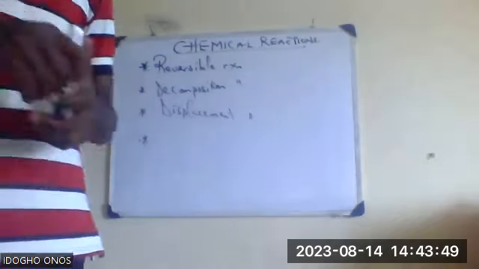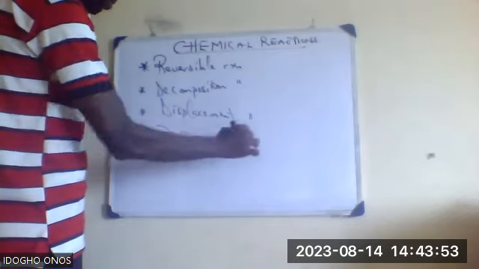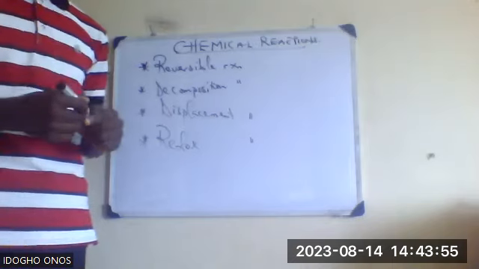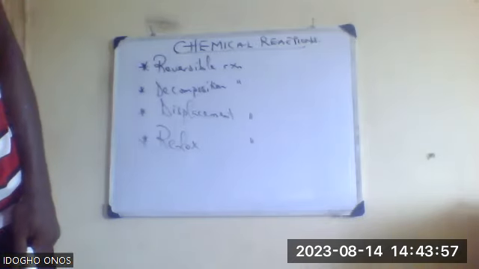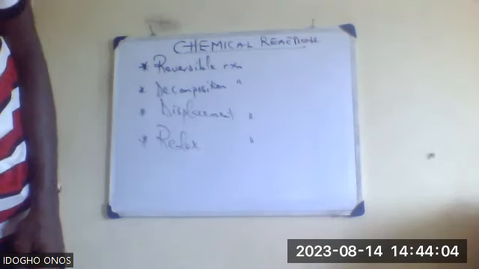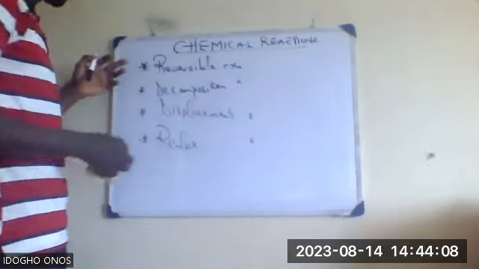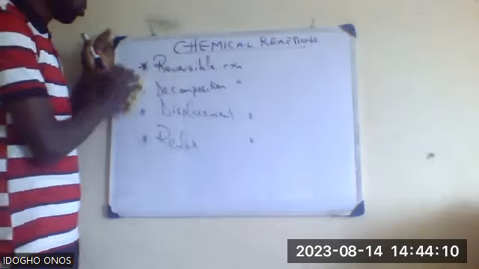Can anyone help us again with another one? A very common one, we have redox reaction. Which other one again? Combination reaction, thank you. And so on and so forth. But we get to these aspects. So if these are the types, at least with this, the students now know what we'll be looking at.